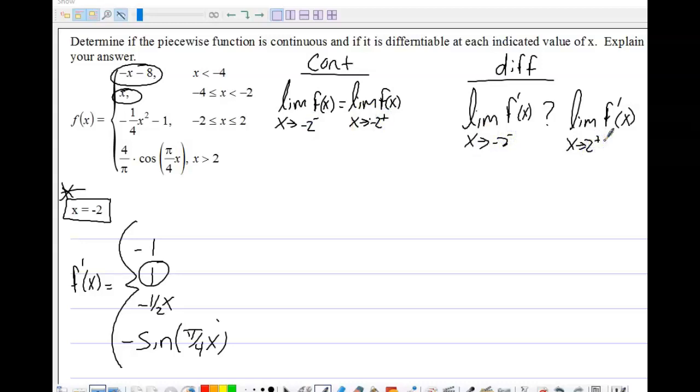Okay, so if I'm approaching -2 from the left of my original function to determine if it's continuous, -2 is here, and that's to the left of it, so that would be this piece. And if I'm approaching -2 from the right, that means x is greater than -2, which means I'd be using this piece.